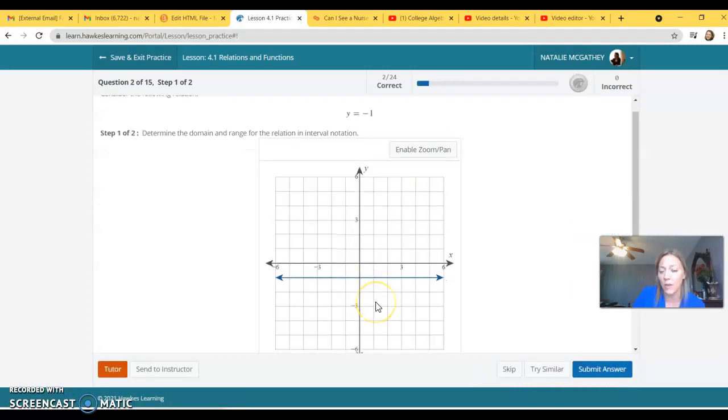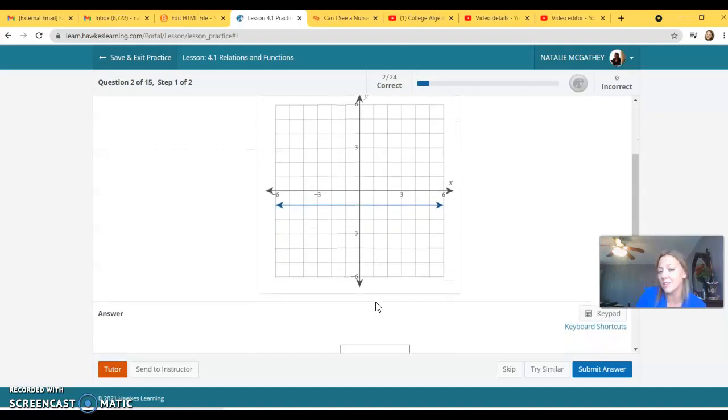Here, you're finding the domain and range again. This one's weird because the domain is continuous, but the graph is all concentrated at one y value, at y value 1. For your domain, all the x values, you want to use interval notation, but for the range, you're going to use discrete notation using the braces.